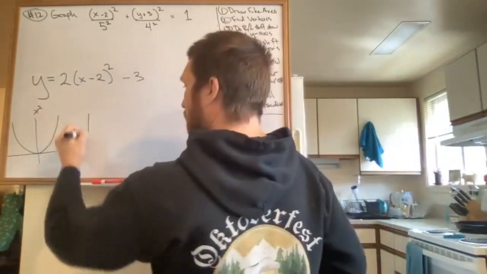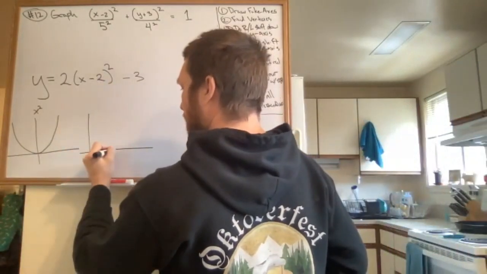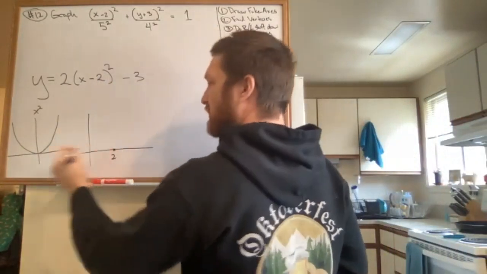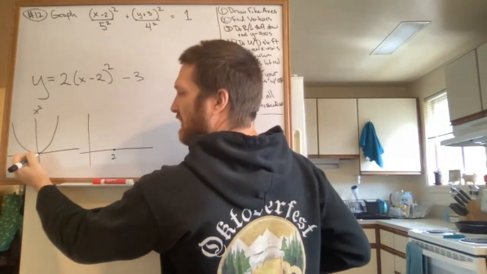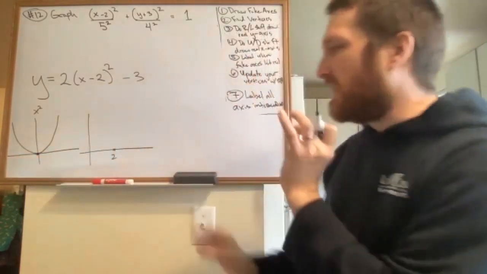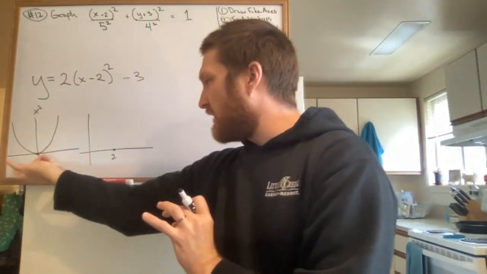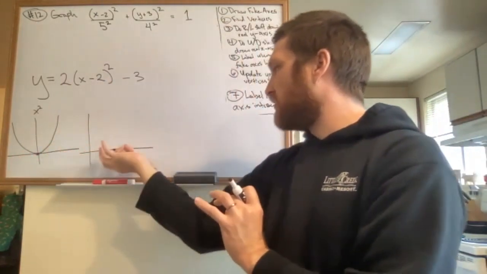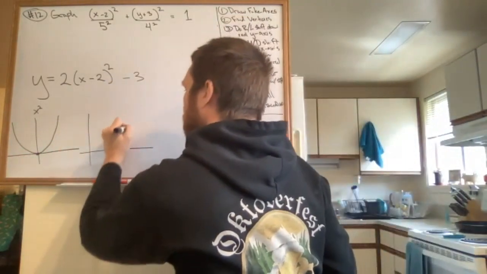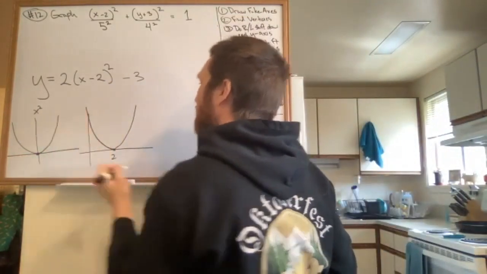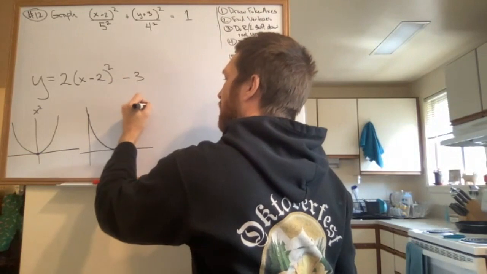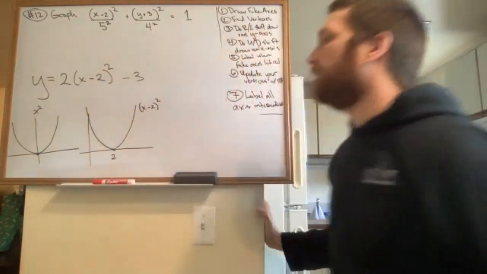And so we take our original parabola, shift it to the right 2 units. And remember how we did this? We imagine that we really care about the vertex. We're going to take that vertex and shift it over here 2 units. So that this thing is x minus 2 quantity squared.